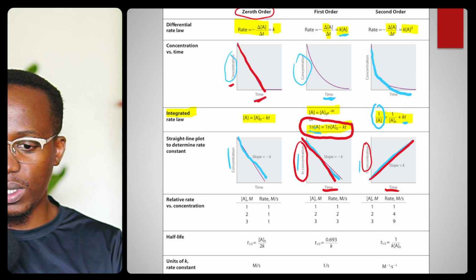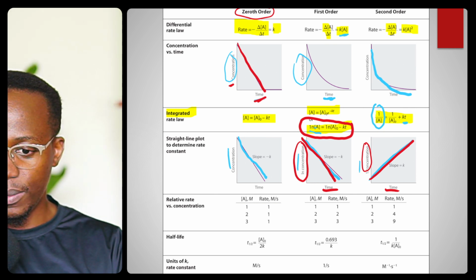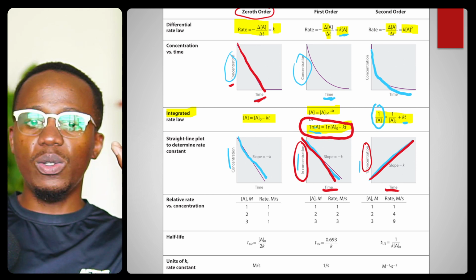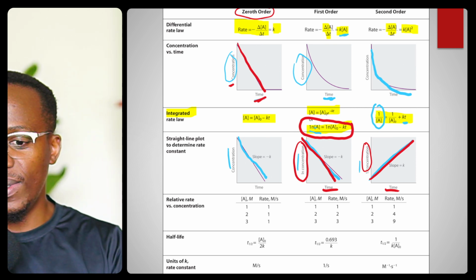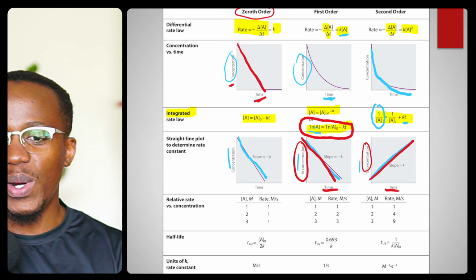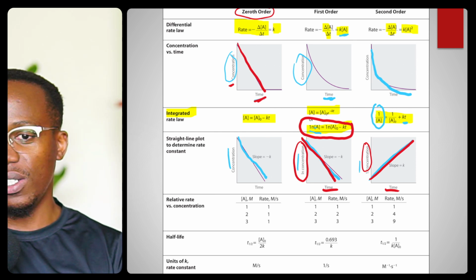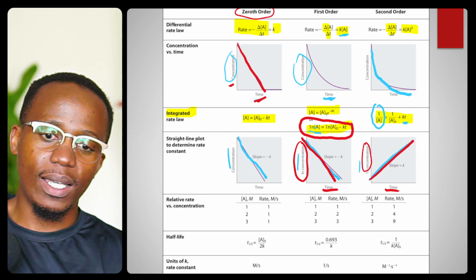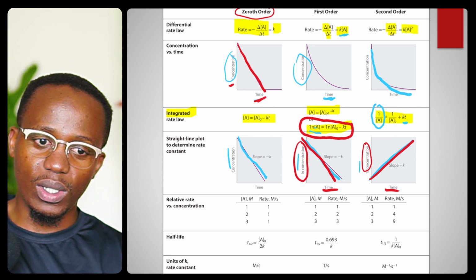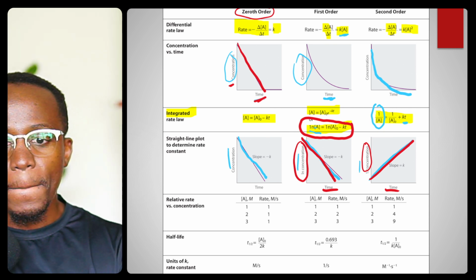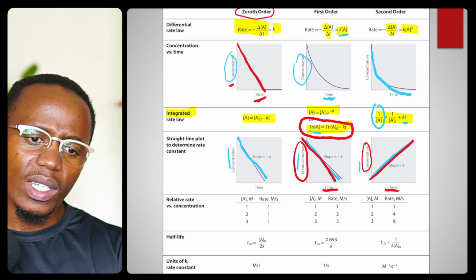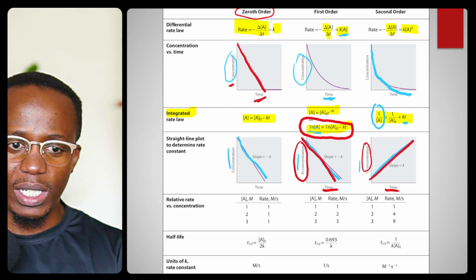So the first technique to measure the reaction orders is the graphing method, where you graph your reaction over time and see whether or not it gives you a straight line. I like that method. I've used it many times. However, it might not give you different specific orders.